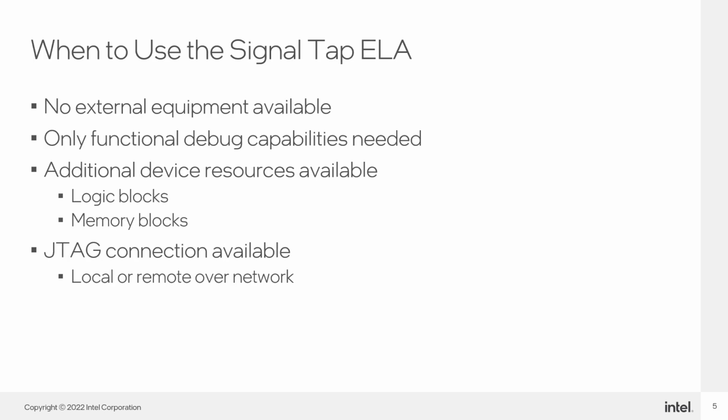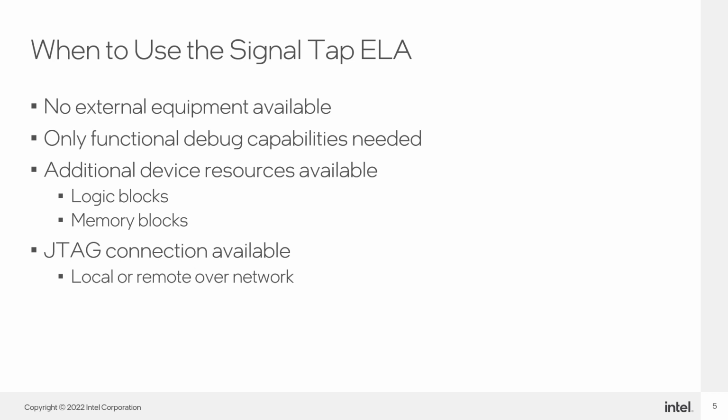Based on how the logic analyzer works and how it is implemented, it's easy to see when you might want to use it and when you actually can use it. If you don't have any external test equipment available, such as multimeters, oscilloscopes, or logic analyzers, the Signal Tap Logic Analyzer is a great replacement. As mentioned, you need available logic blocks to implement the logic analyzer itself, and you need memory blocks to store captured data samples.